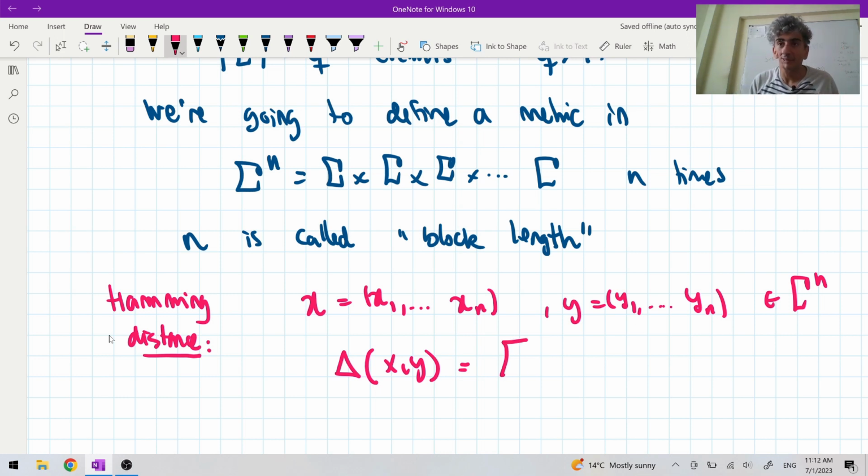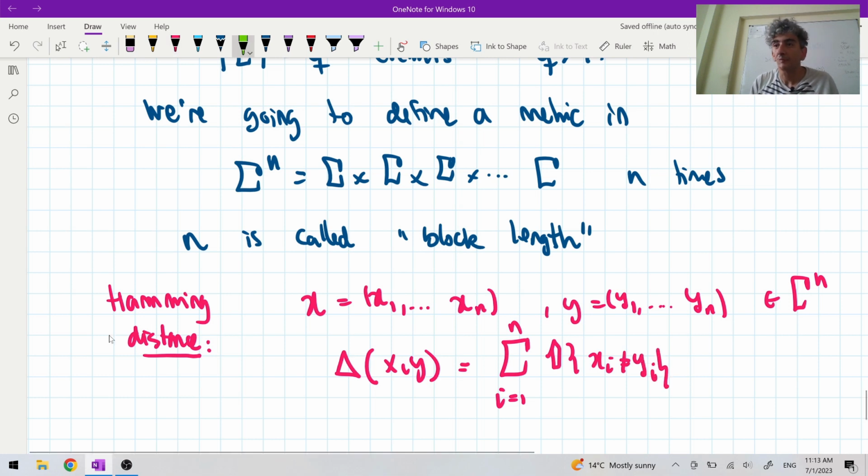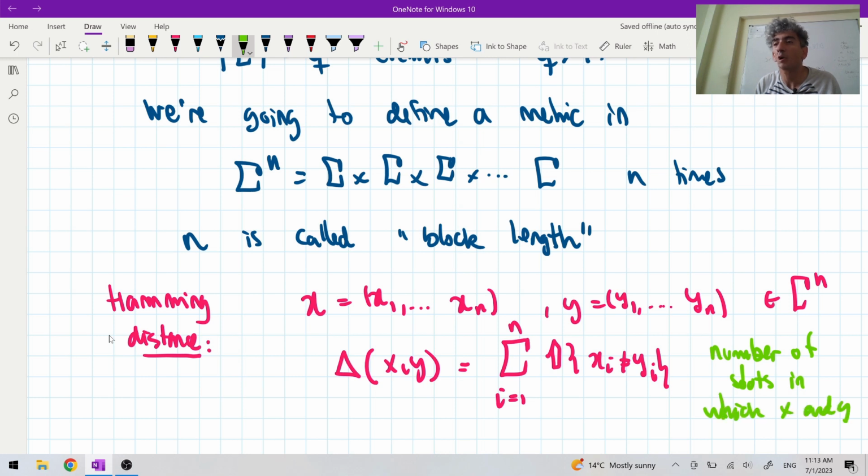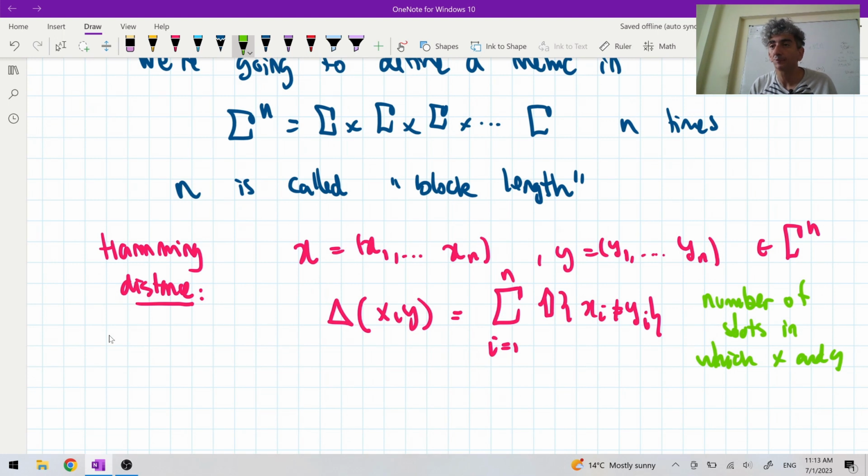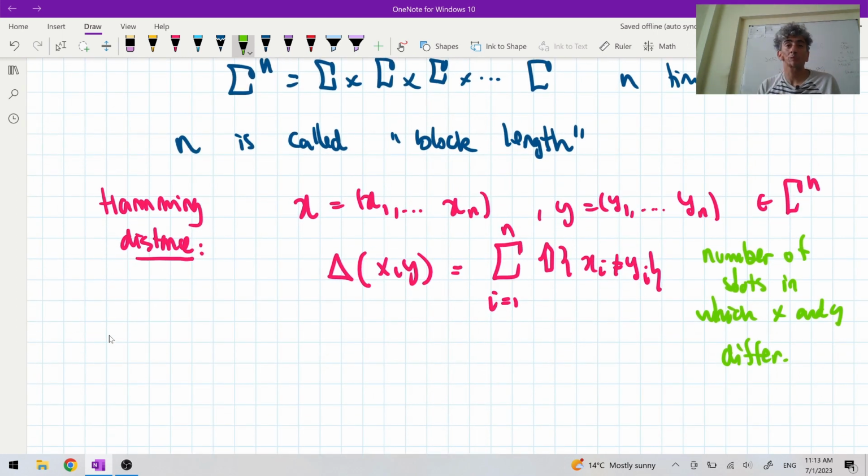Mathematically, this can be written as the sum of an indicator function. This will count the number of slots in which x and y differ. Okay, so this is what we call the Hamming distance.